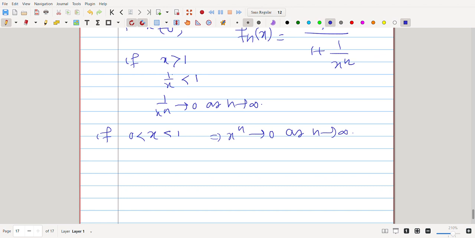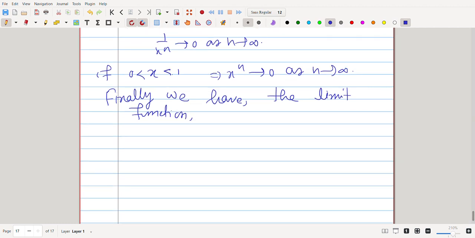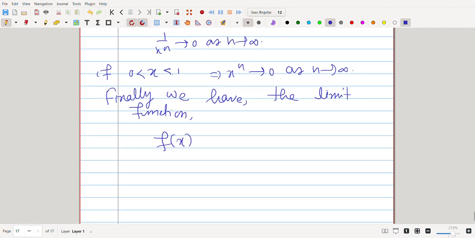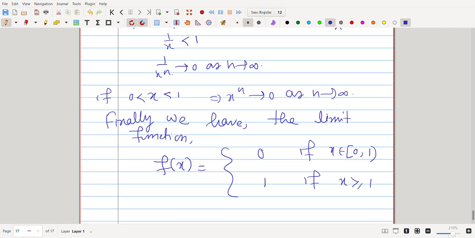So ultimately, finally, we have the limit function to be fx equal to 0 if x belongs to closed interval 0 to open interval 1, and fx equal to 1 if x greater than or equal to 1, right?